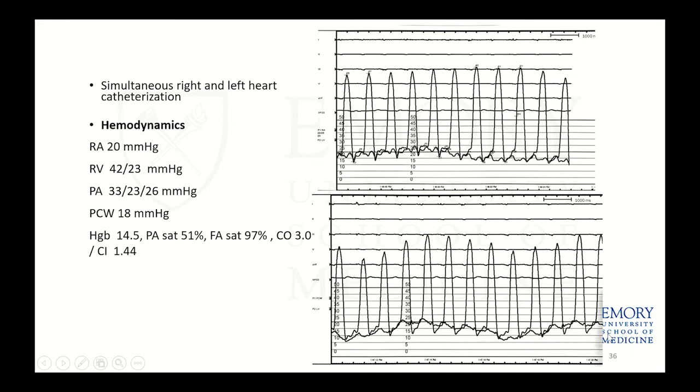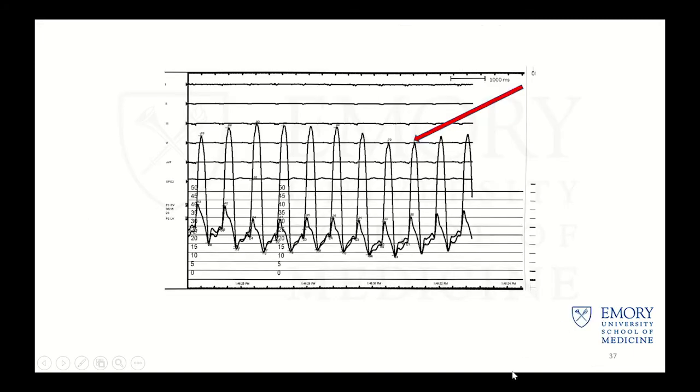So this was one of the hallmarks of constriction, and the other one was LV-RV pressure. You can see the square root sign looking dip and plateau in RV and LV pressure, and then there is an equalization during inspiration and opposing changes when your RV is at the highest, the LV is in the lower range compared to the previous beats.